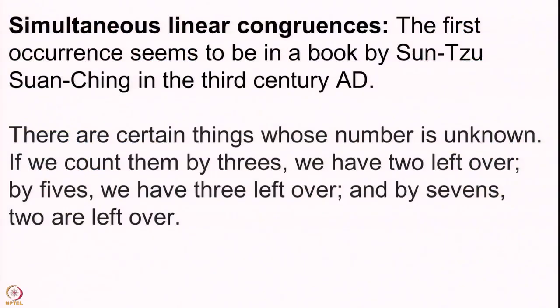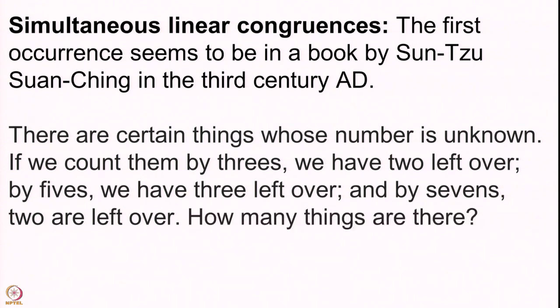That means when you try to partition n in the groups of 7s, after having separated some groups of 7s, 2 things will be left over. So, n is a multiple of 7 plus 2, or n is congruent to 2 mod 7. Then Sun Tzu asks, how many things are there?